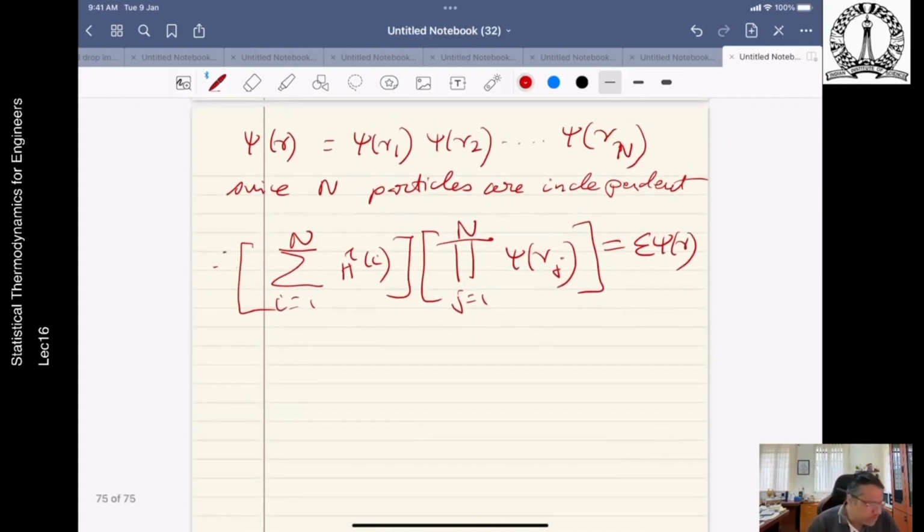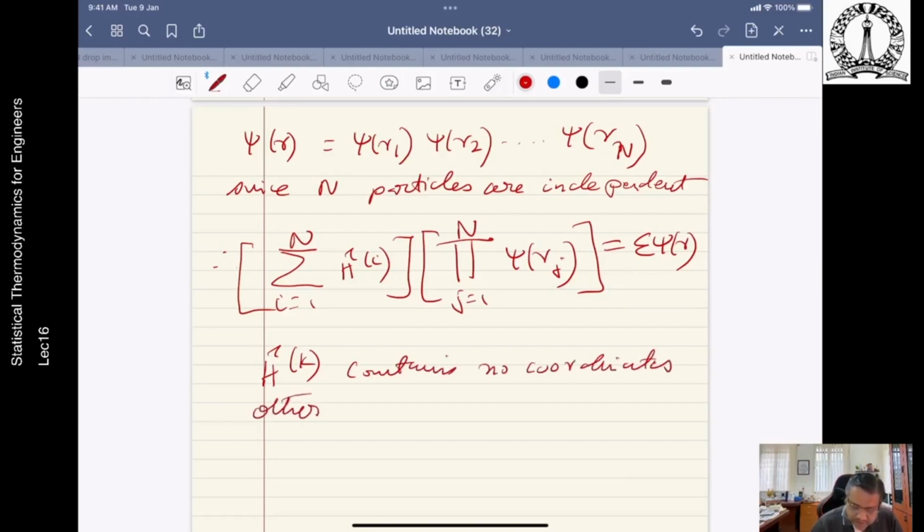So we already know that you can see from this particular expression that this is the total expression, because H k, just note here, contains no coordinates other than those for the kth particle.